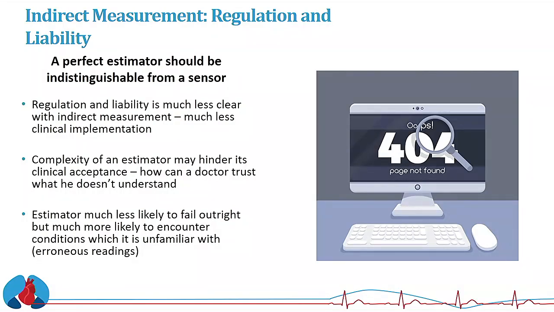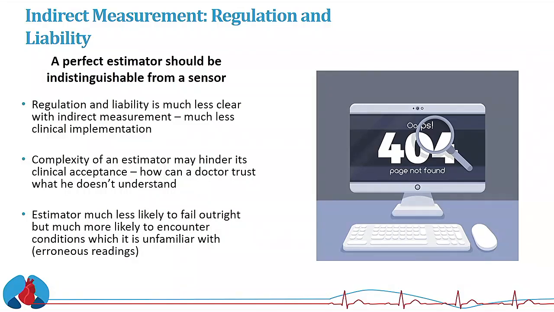To get a medical device not only to market, but from market into hospitals where doctors are using it routinely, normally takes one or two really well-respected and brave doctors to take that first leap and say, yes, I will use this in my patients, and then others say, okay, he's had good outcomes, I'm willing to take that risk. So if you make a really complex estimator or control system and you can't explain it to a doctor in terms he'll understand, I can almost guarantee you he won't use it.